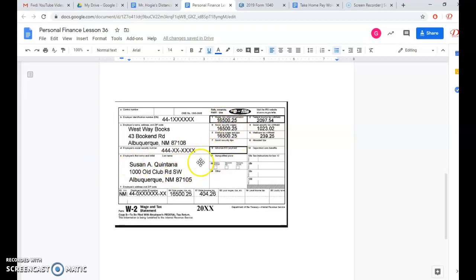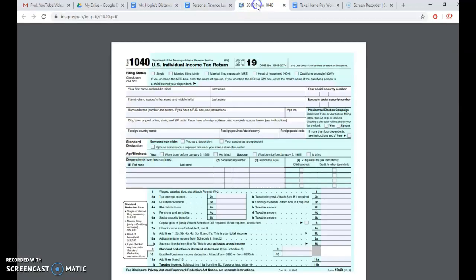It's called a W-2 form, and you'll get this from your employer, typically in January or February, right after the year ends, because they compile all of the money that you've made throughout the course of the year, and they also show all of the taxes that you have paid. That's what you'll use to help you fill out this 1040 form. I'm just going to walk through it with you here.